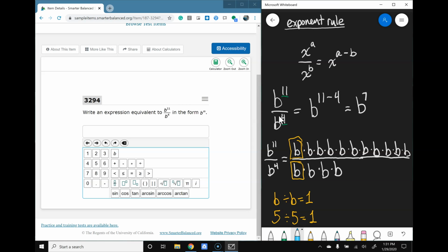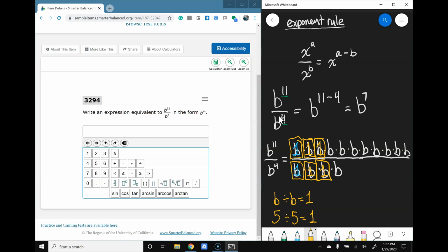So if we take a look up at this fraction, then these reduce. They become 1. And if we keep on looking down the rest, there's another b that matches with another b in the denominator. They divide perfectly, and they become 1. We continue. There's another b that matches with another b, numerator to denominator, and they cancel out.